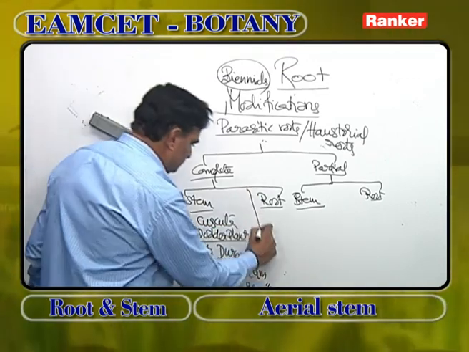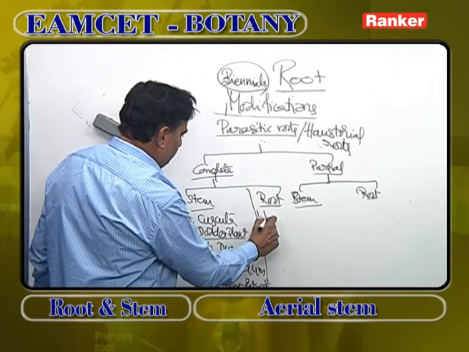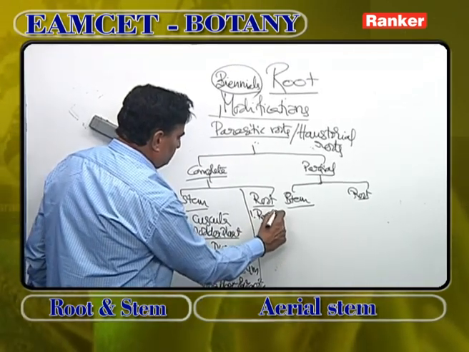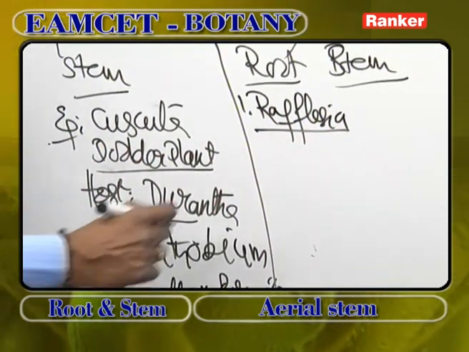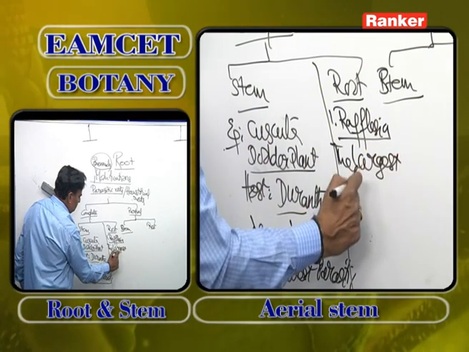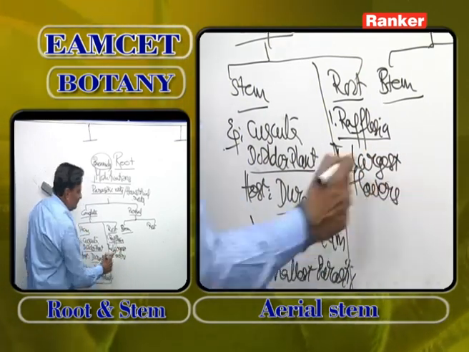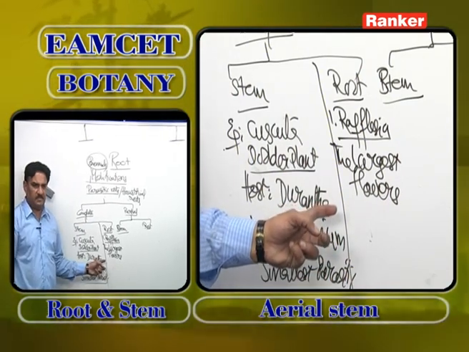Then complete root parasites. The best example is Rafflesia. Rafflesia is a complete root parasite with the largest flowers in the plant kingdom. So you have to remember this. The largest flowers of the plant kingdom are found in Rafflesia.